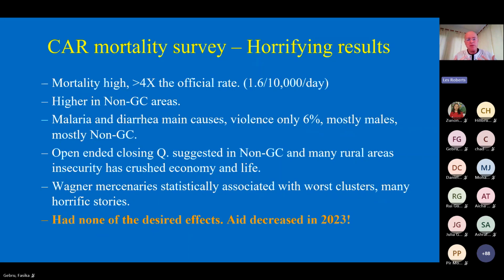And disturbingly, this had none of the expected effects. Gang Karume's goal was to increase medical spending and food provision by the aid community. But in fact, the next year, because of the crises in Gaza and in Ukraine, funding declined in CAR in spite of this mortality survey.